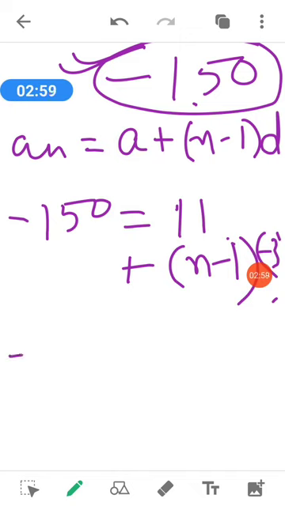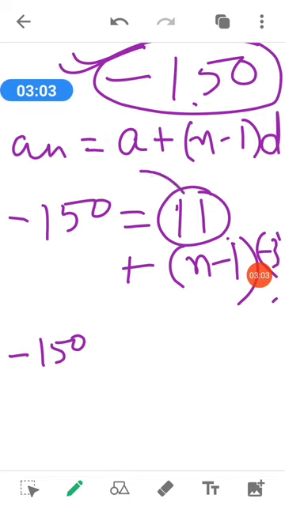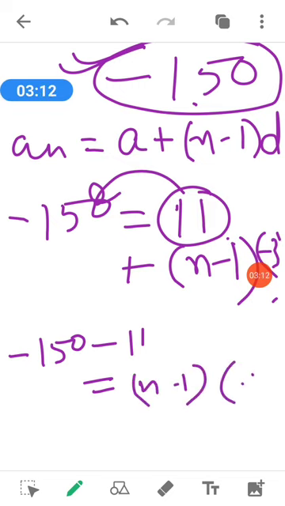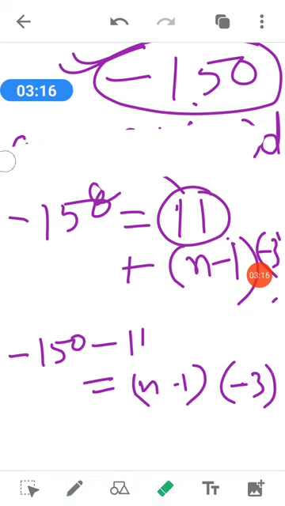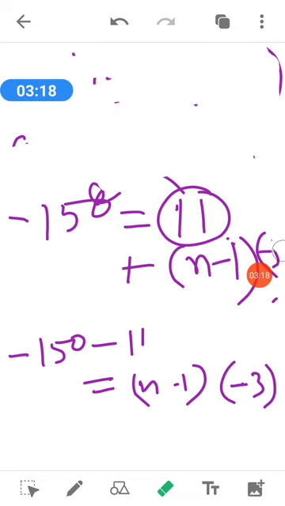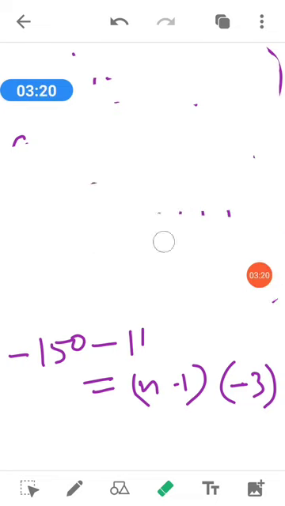So now minus 150 and this 11 will come this side on left hand side, so minus 11 equal to N minus 1 and multiply by minus 3. So we just calculate and get the value of N from this equation.